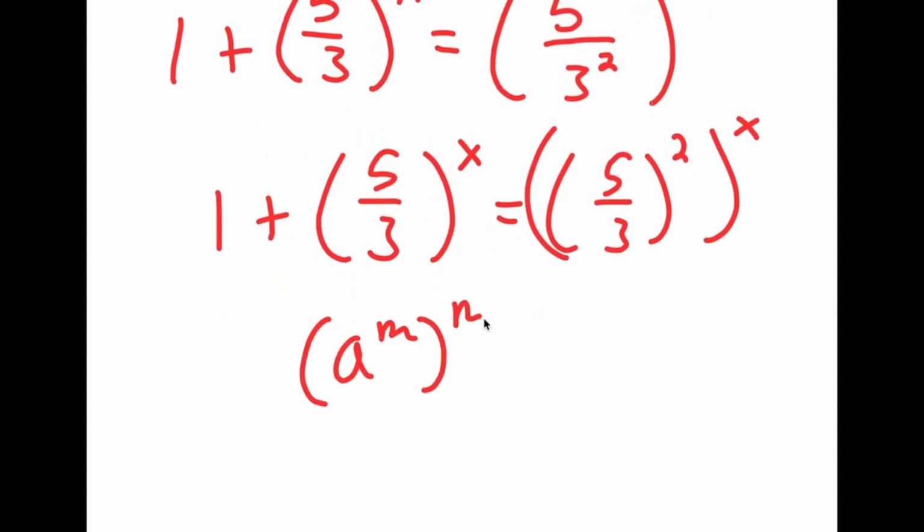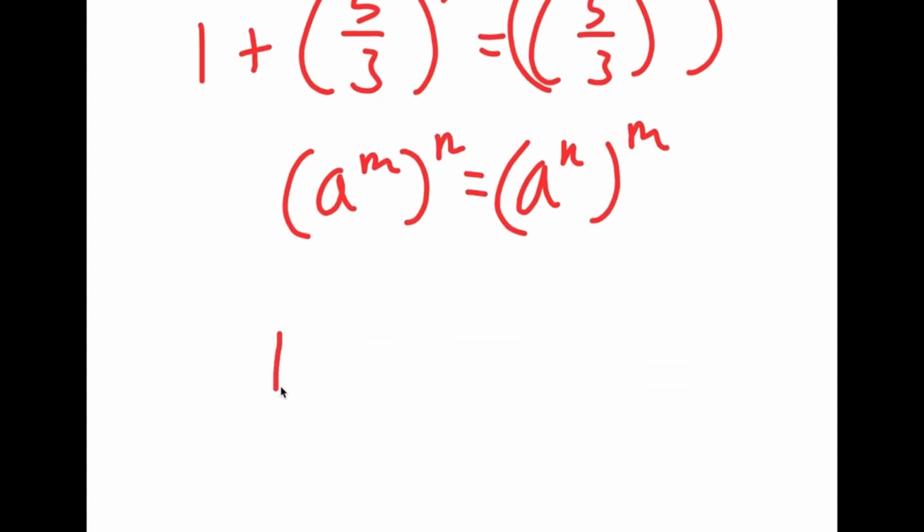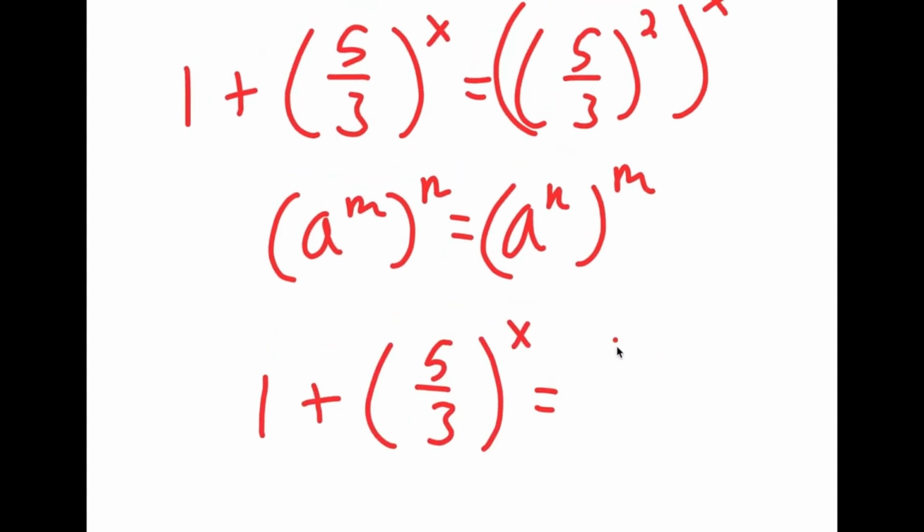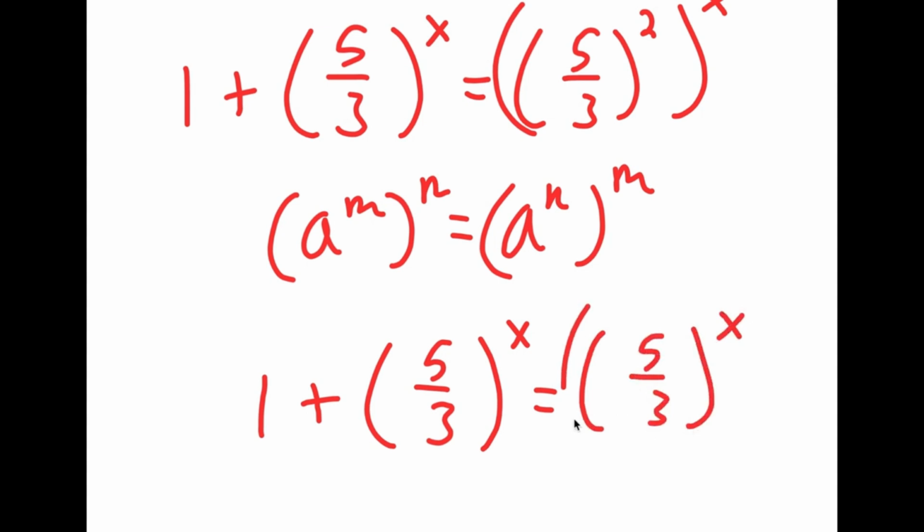Now if I have something in the form a to the power of m to the power of n, same thing as a to the power of n to the power of m. So 5 over 3 squared to the power of x, that's the same thing as 5 over 3 to the power of x squared.